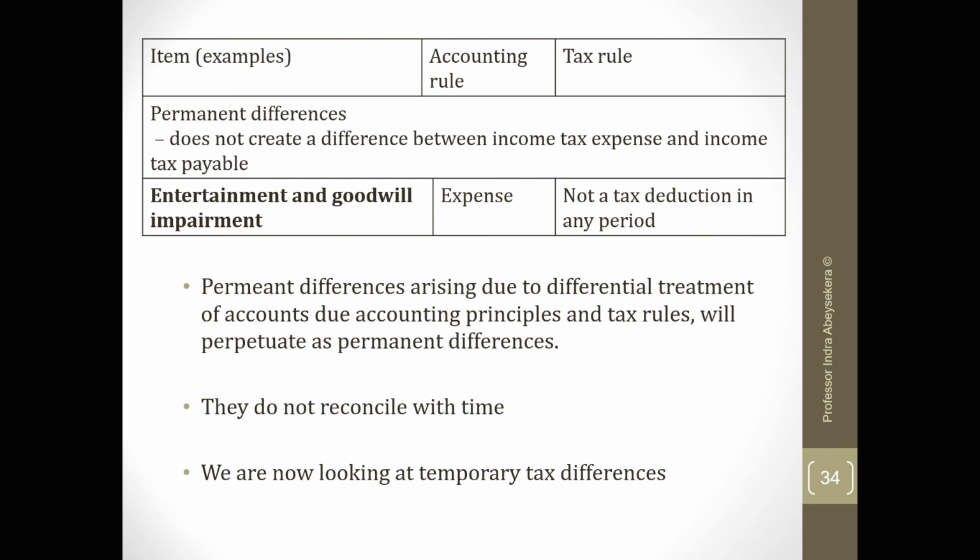Such expenses can create permanent differences, and those differences are used when we determine the income tax expense, what should be paid. So they are already considered. We don't have to worry about them when we try to determine the temporary tax differences, because they are already considered when determining the income tax expense.